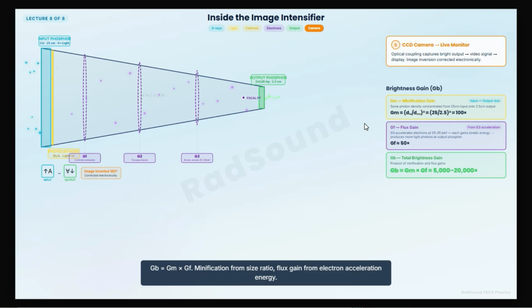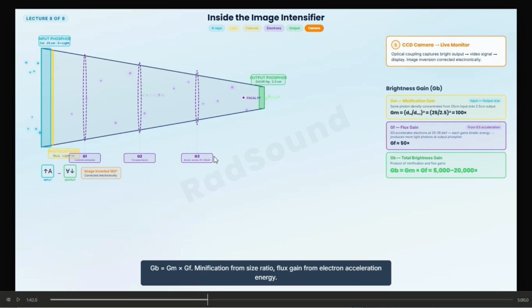So mostly the brightness is going to be multiplied by 100, the magnification gain multiplied by the flux gain. The flux gain is mostly due to the G3, which is the acceleration of the electrons coming from the cathode after the light is converted into electrons. The electrons travel within the vacuum. After being focused by G2, they'll be accelerated by the G3, so that we can have more electrons reaching the output passport, converting into light.